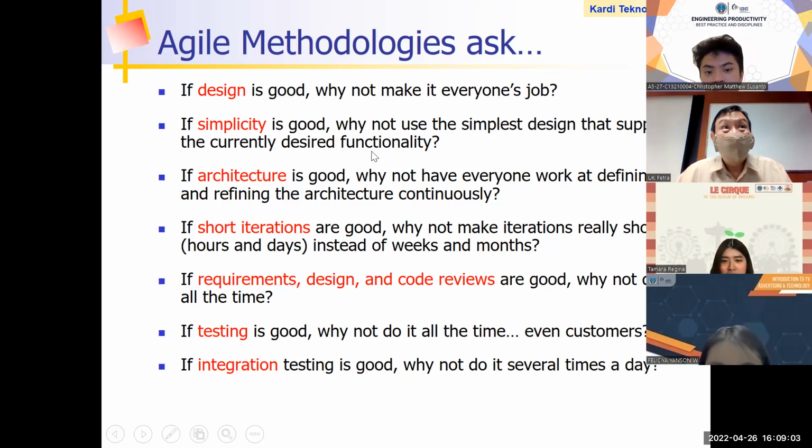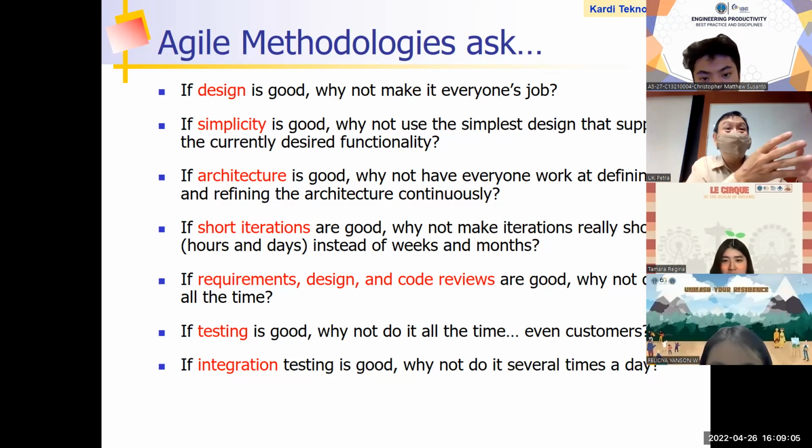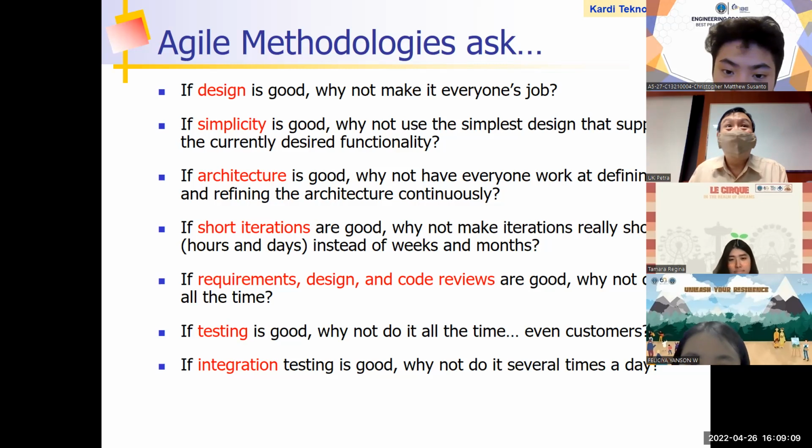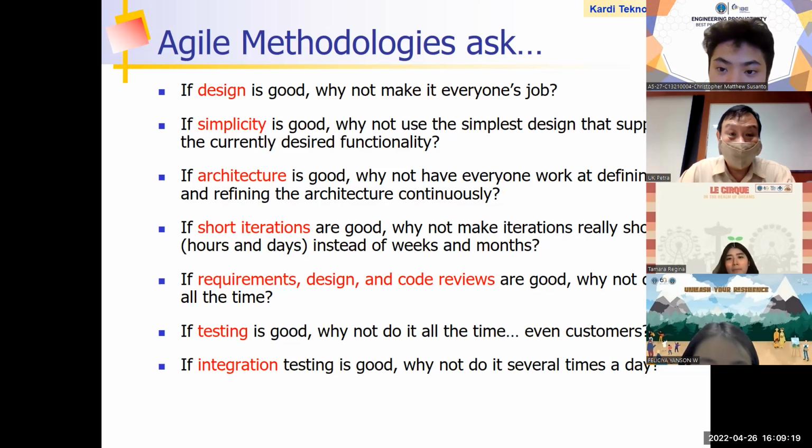So there is no separation between designer, tester, and coder, the programmer. Everyone will do design, everyone will do testing, everyone will do the requirements also. So there is no specialization.